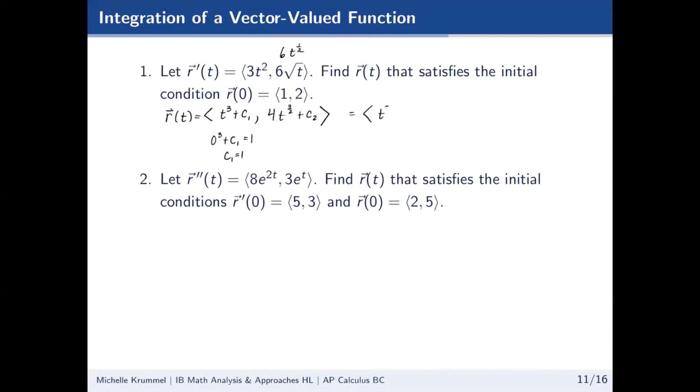So t cubed plus 1 for the x component. Now for the y component, we know that when t is 0, the y component is supposed to equal 2. So 4 times 0 to the power 3/2 is just 0, plus c2 is equal to 2, and that means c2 equals 2, giving us the y component 4t to the 3/2 plus 2.